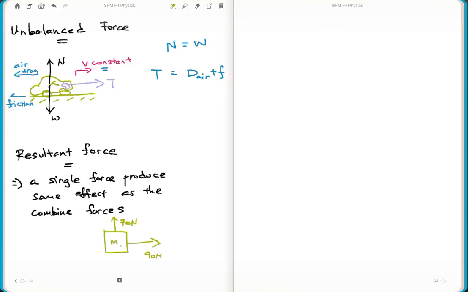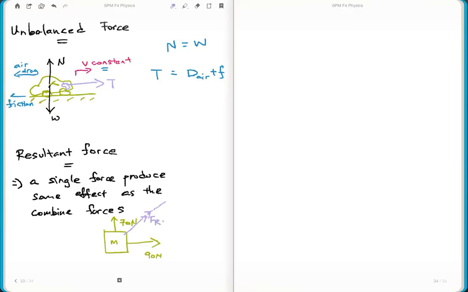Will it go to the right only, or going up only? You'll be surprised, because this object neither moves to the right nor goes up, but it will be moving in this direction. So this is what is meant by the resultant force.